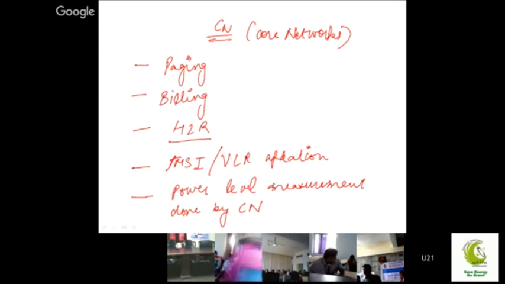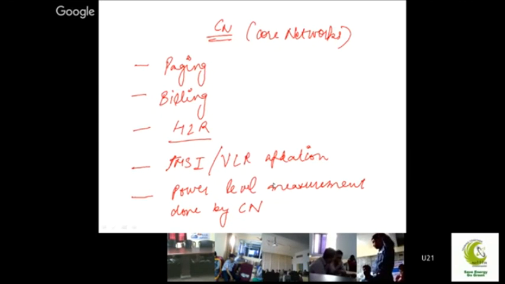So RNC comes under it. RNC also needs an amount of power to perform actions like user-specific and cell-specific functions. So all those power level measurements are done by the core networks.